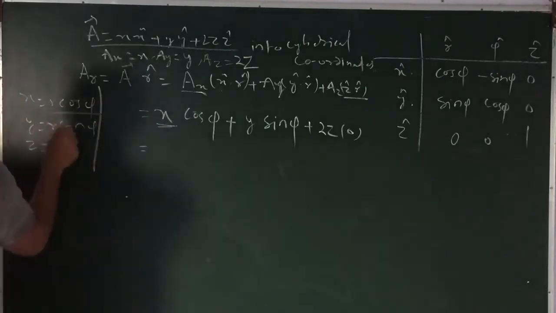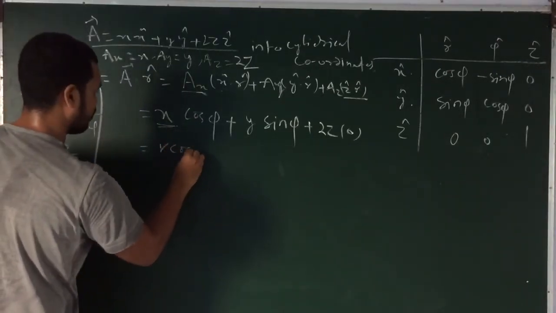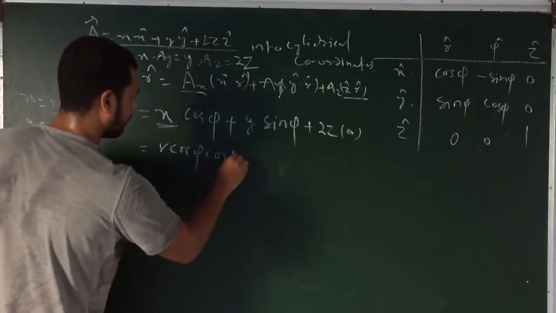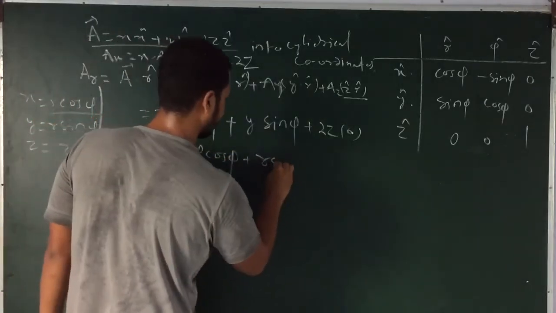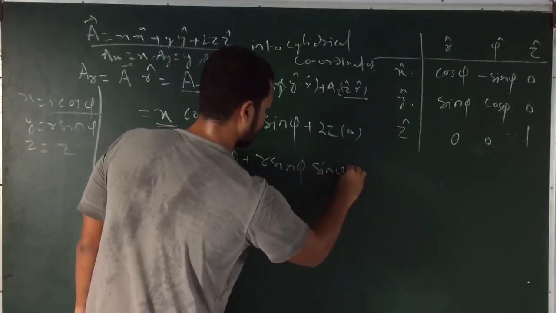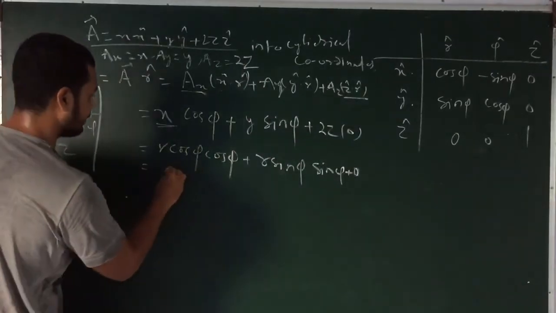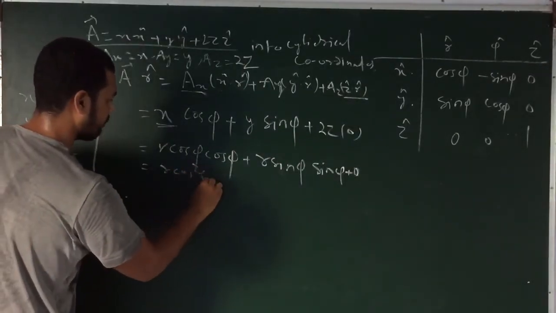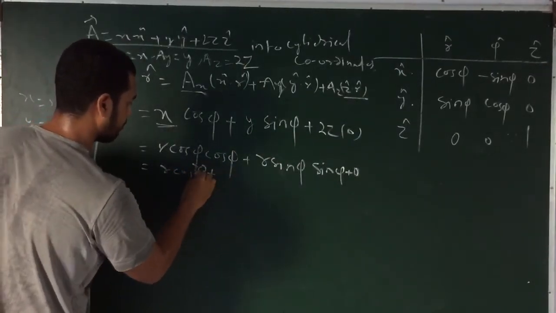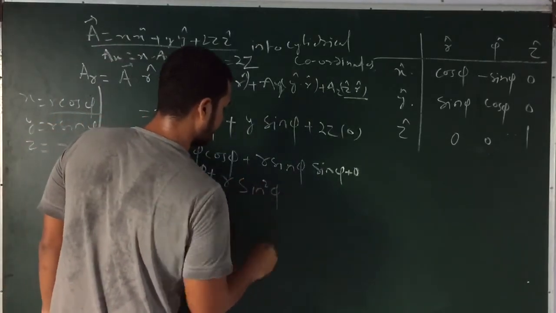So substitute this value in place of x, you will get r cos phi into cos phi plus, here y is equal to r sin phi into sin phi, plus 2z into 0, that is 0. So here we will get r cos square phi plus r sin square phi.